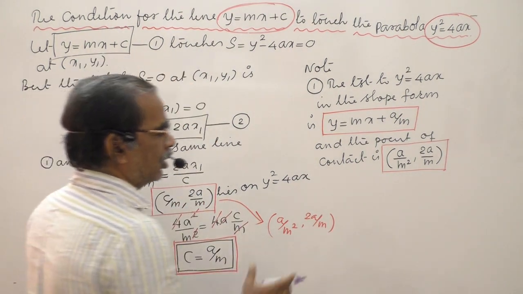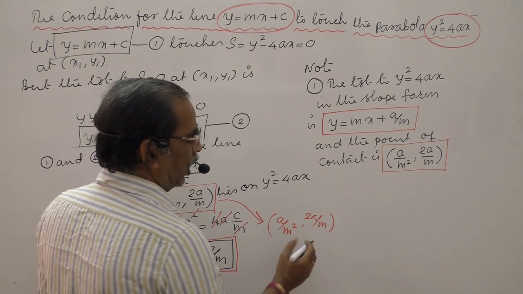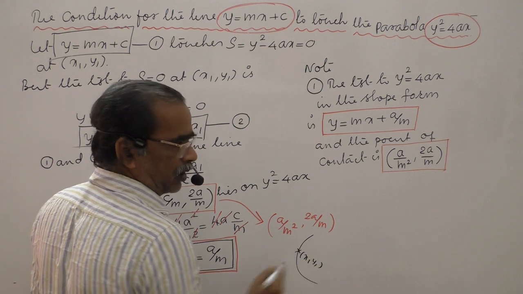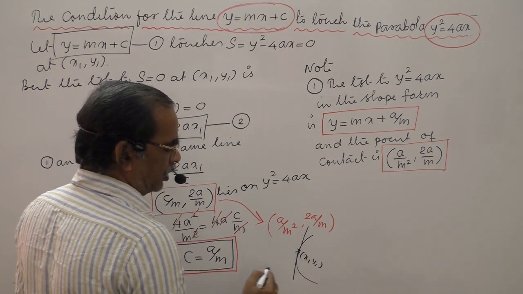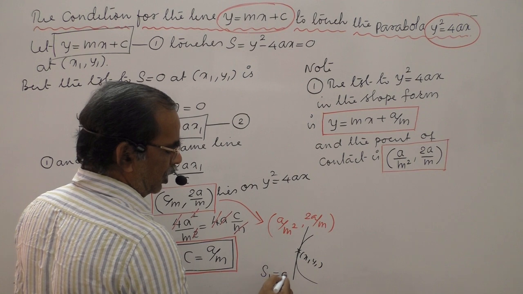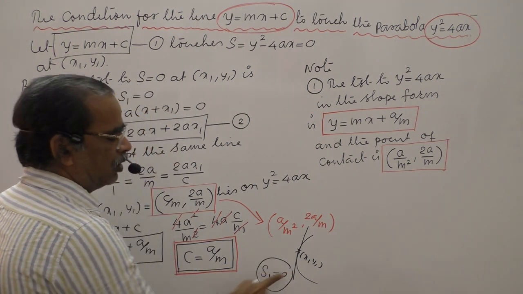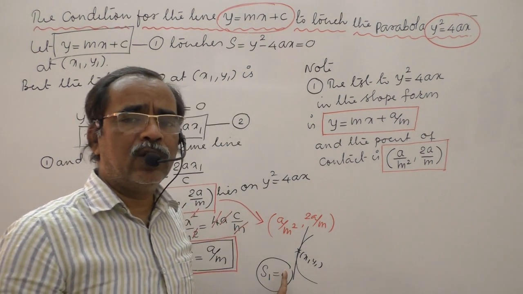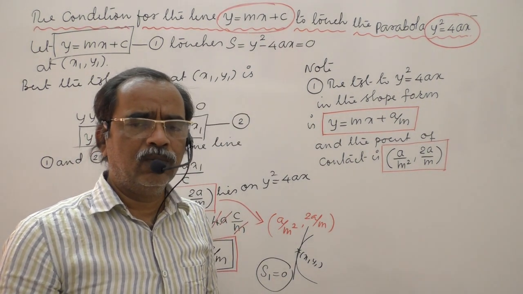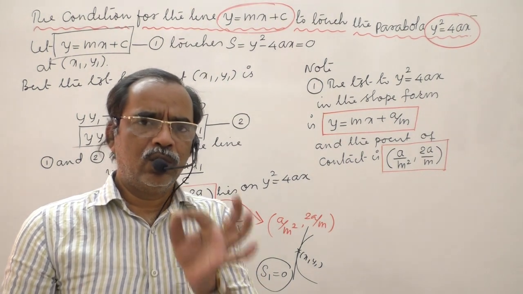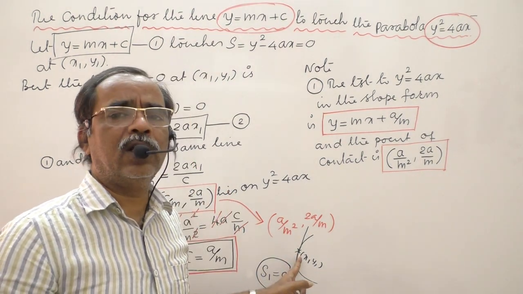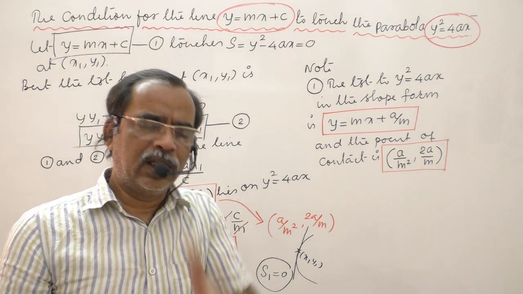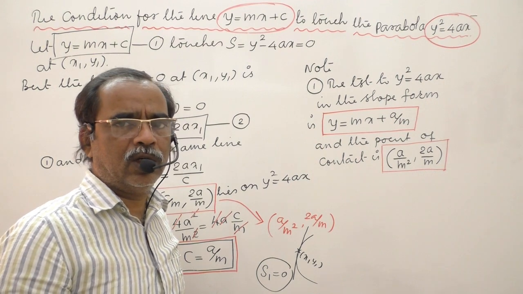When a point on the curve is given, (x1, y1), see the difference. Then the equation of this tangent is what? S1 equal to 0. S1 = 0 is also a tangent, no confusion. S1 = 0 should be used when a point is given on the curve; the tangent at that point is S1 = 0.